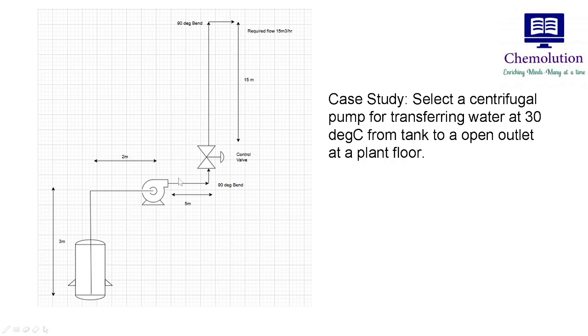Many people make this mistake that they miss this head, and they only consider the discharge pipe elevation, and then later on they face problems. So the total discharge head which is required in this case is this 3 meter, because we have to empty this tank also, and the 15 meter elevation of the point of discharge.